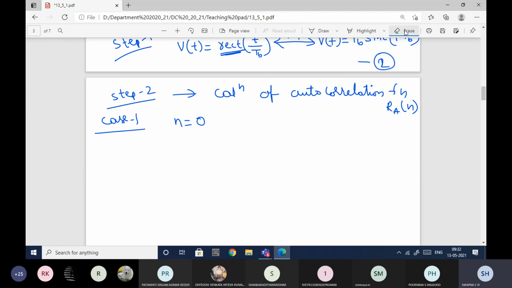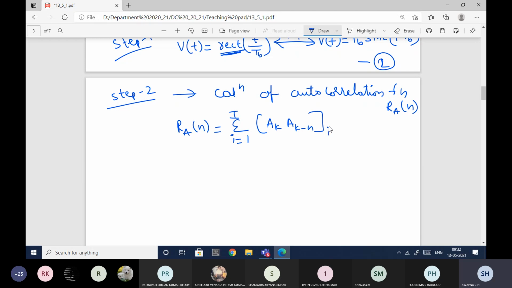Before going to this, let me write the equation for the autocorrelation function. RA of n is calculated by using the formula: the sum over i equal to 1 to I of AK into AK minus n, times pi.